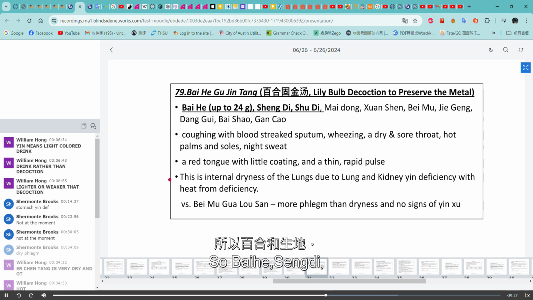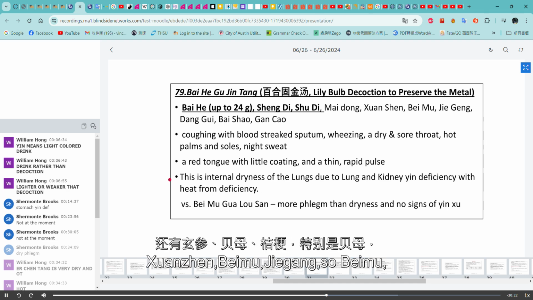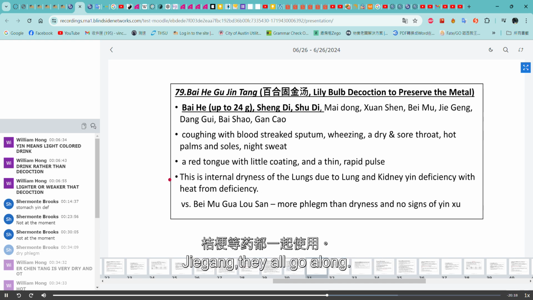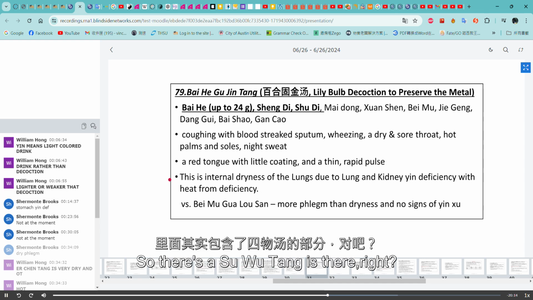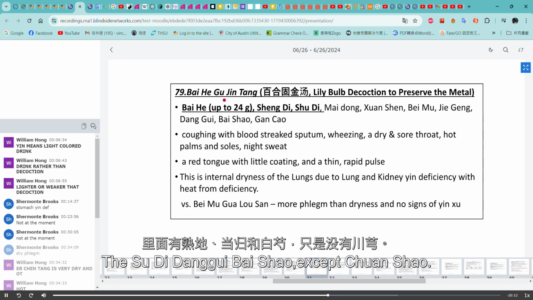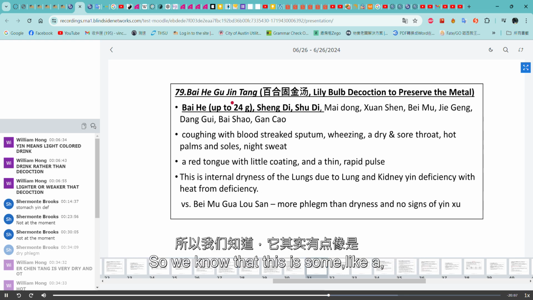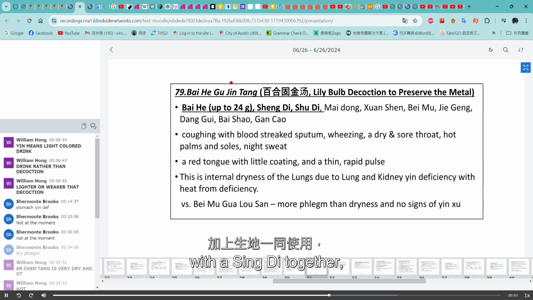So Baihe, Shengdi, Shudi are the chief herbs here. Maidong, Xuanshen, Beimu, Jiegeng. Beimu and Jiegeng all go to the lung. And Danggui, Baishao. So there's Si Wu Tang there, right? Shudi, Danggui, Baishao, except Chuanxiong. So with the Shengdi together, there's deficiency heat there.